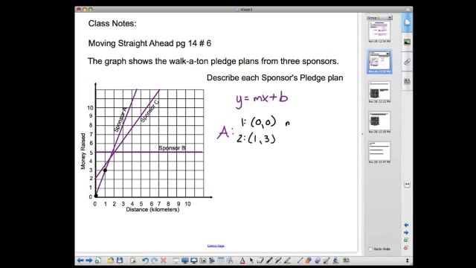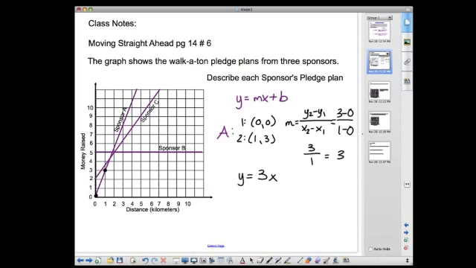Now, if you remember, our slope equation is equal to y sub 2 minus y sub 1 over x sub 2 minus x sub 1, which in this case specifically is 3 minus 0 over 1 minus 0. And when I simplify that out, I get 3 over 1, or just the whole number 3, and that's equal to my m. So the equation I can write for sponsor A is y is equal to 3x, and now I need to include my y-intercept, which is b.